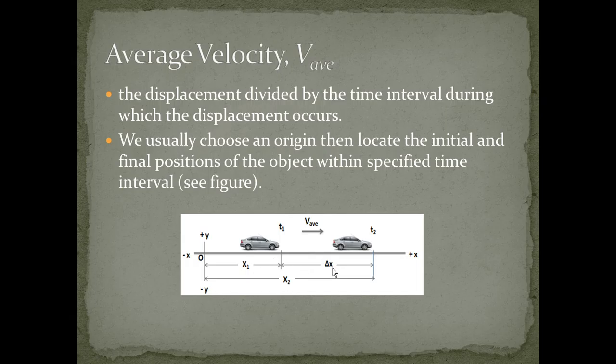Okay, so given the displacement delta x, if we divide that by the time interval between the initial position and the final position, obviously that is time t sub 2 minus t sub 1. So we have delta x over delta t, or x sub 2 minus x sub 1 divided by t sub 2 minus t sub 1. Then that would result in a computation of the average velocity.